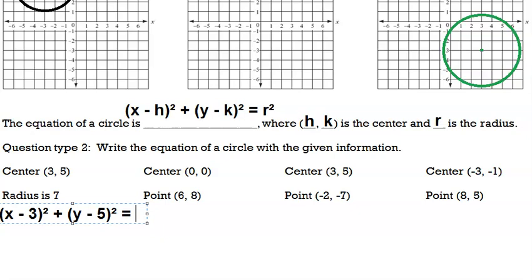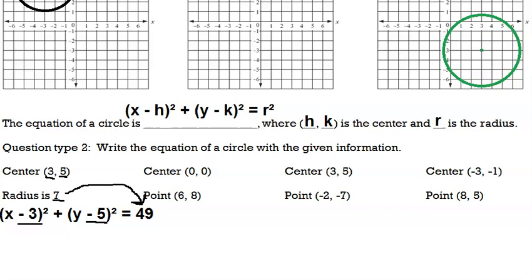Now, according to the formula, the radius is 7. The formula says r squared, so we're going to have to square that number, and you would get 49. So again, the opposite of this number goes here, the opposite of this number goes here, and this number just needs to be squared.